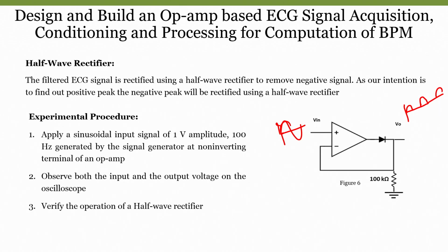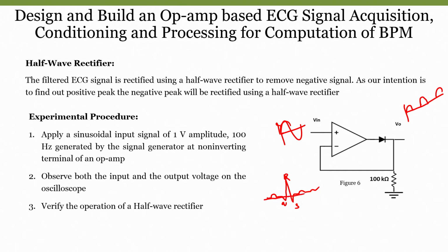Why do we have to go with this circuit? Because our ECG signal will also look something like this. Since our interest is only this QRS peak, we do not have to consider the negative, and this is nothing but our unwanted signal.